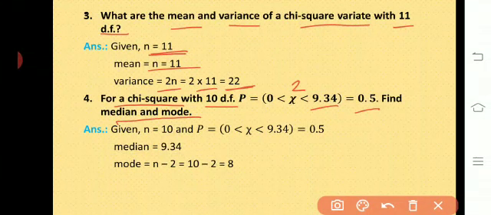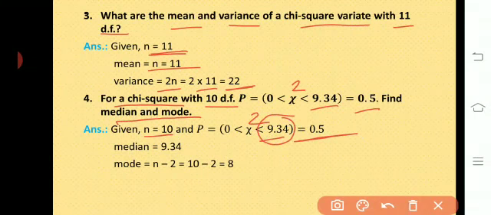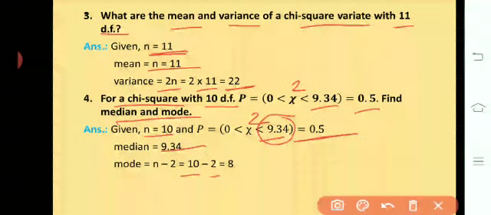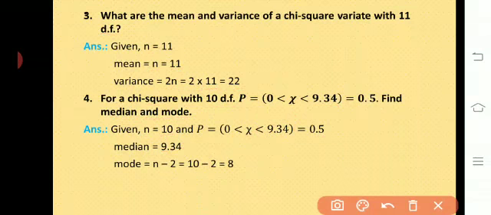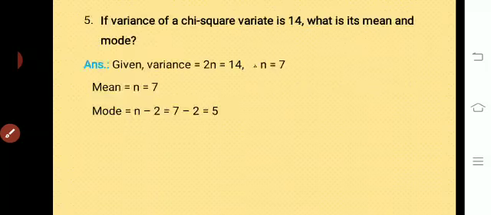So what is given here is n equal to 10 and P(0 ≤ chi-square ≤ 9.34) equal to 0.5. So here the median is this 9.34 and mode equal to n minus 2. Here n is 10, so 10 minus 2 is 8. So these are the examples on chi-square distribution.